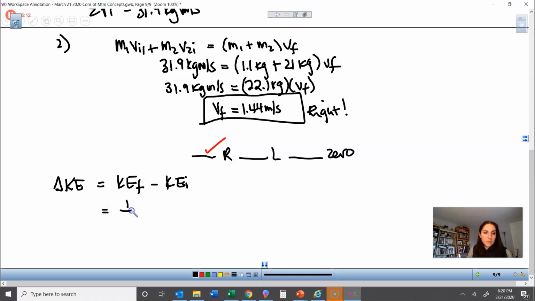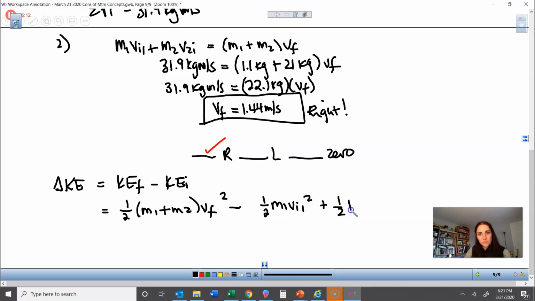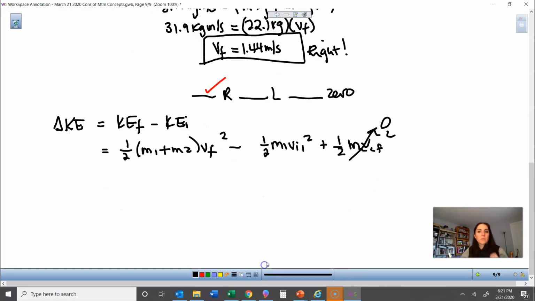But the final looks like this because the masses are combined, minus the initials, which would be squared. Where thankfully, again, this is 0. Is that always the case? No. Is it usually the case? Yeah, which is nice. Okay, so I'm going to go ahead and put my numbers in.